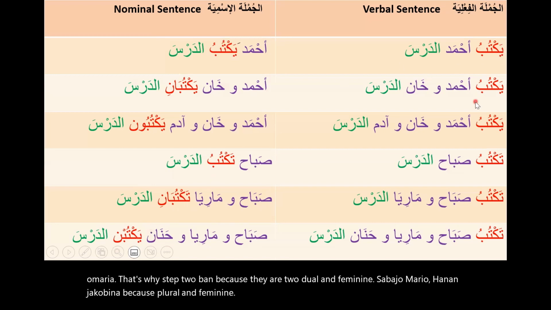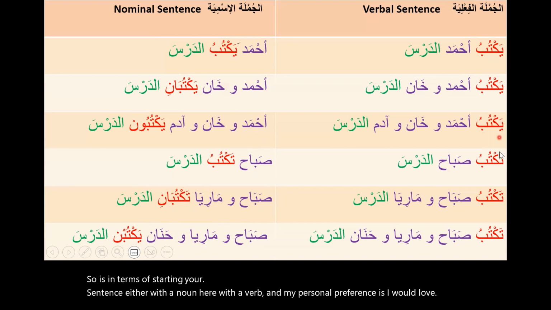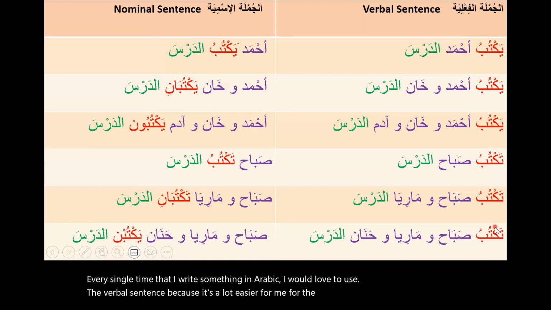So that is in terms of starting your sentence either with a noun like here or with a verb. My personal preference is that every single time I write something in Arabic, I would love to use the verbal sentence because it's a lot easier for me for the conjugation. Here, yaktub, taktub.